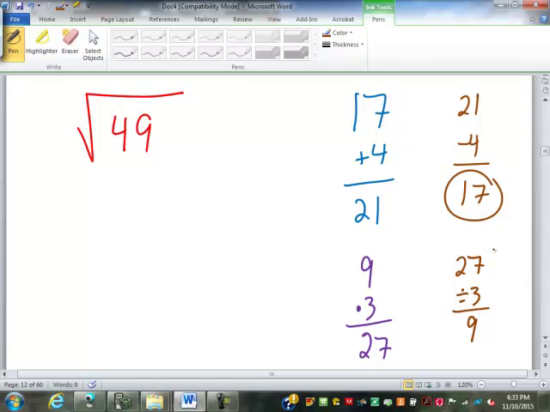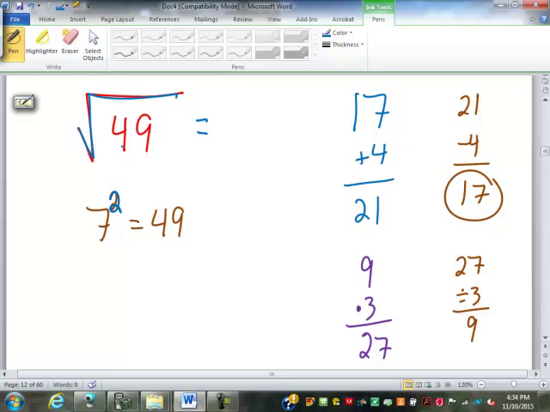Well, we had a fifth operation that we looked at, and it was a power. 7 squared, 7 to the power of 2 is 7 times 7, or 49. The square root is the operation defined to reverse the power of 2.